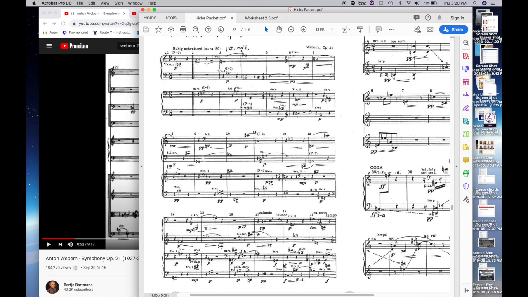Now, of course, because of these gaps and these very wide intervals and the fact that we're switching instruments almost every note or every other note, we don't hear these as individual lines. So it's like these are hidden canons.